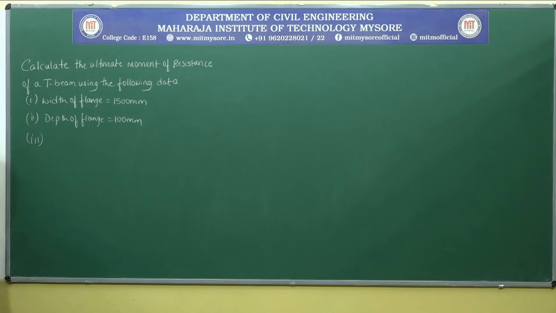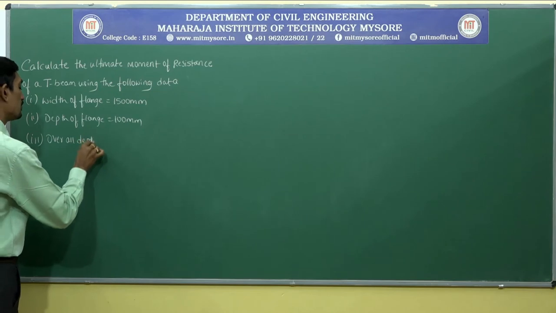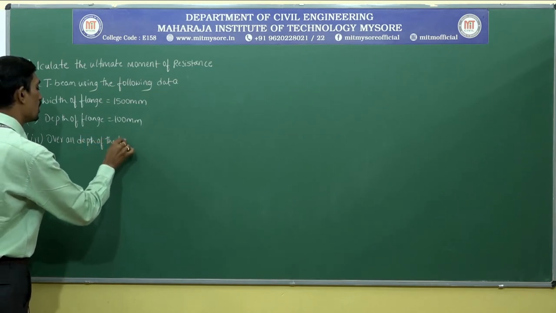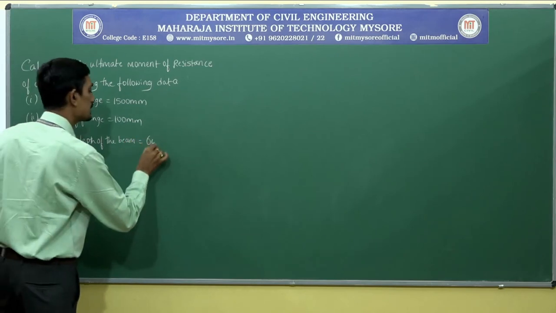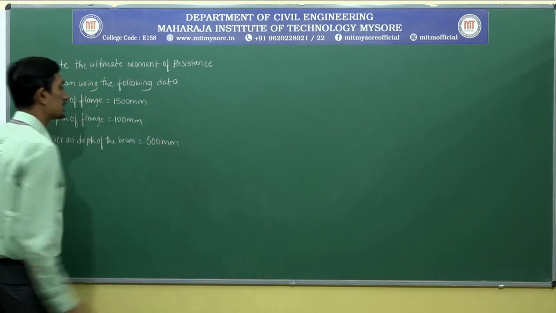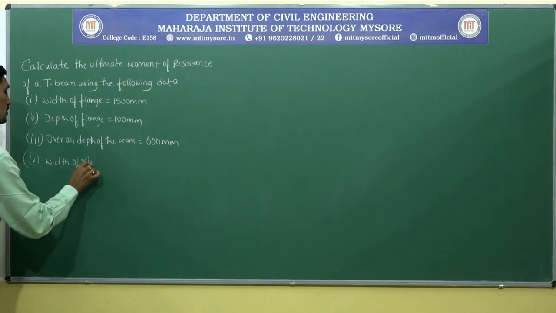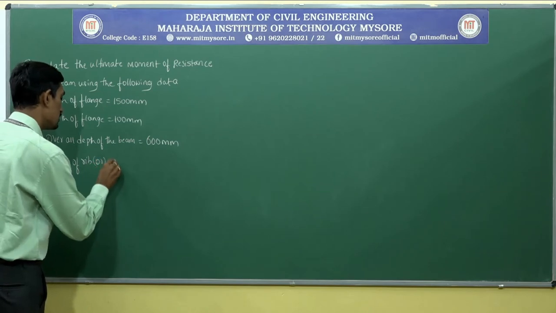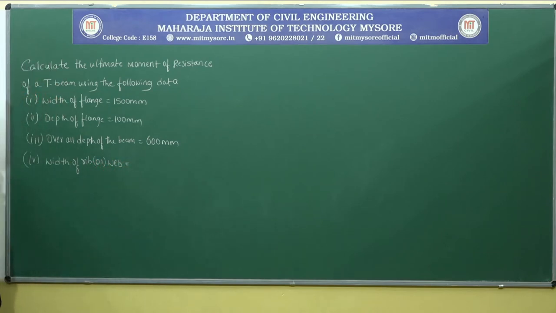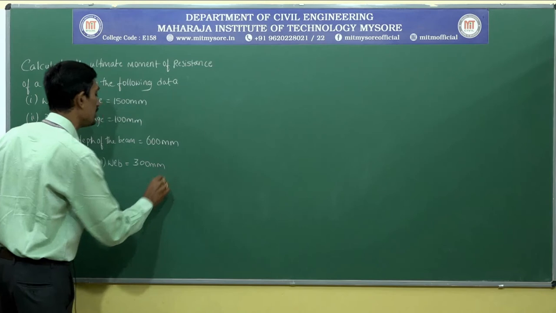The third data is the overall depth of the beam, or I can say flanged section or T-beam, equal to 600 millimeter. Next, width of a rib, or also I can say web. The web portion of a T-beam is also called a rib, which will be equal to 300 millimeter.